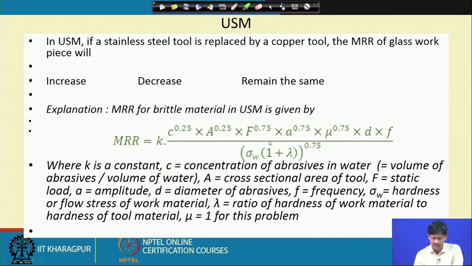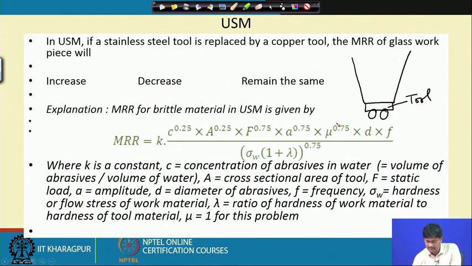I have worked it out through this formula, but I will give you a physical idea also. This is the last part of the horn and this is the tool. There are abrasive particles in between and this is the workpiece. If this is going on hammering from the top and these abrasives are very hard, they will cause indentations on the workpiece side as well as the tool side.